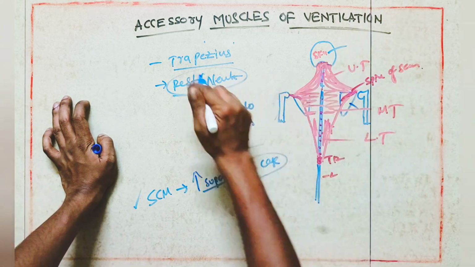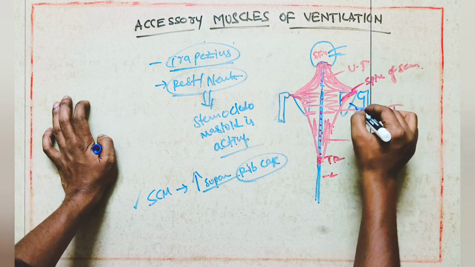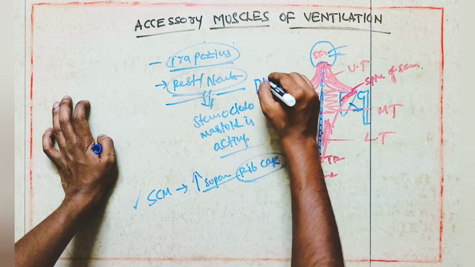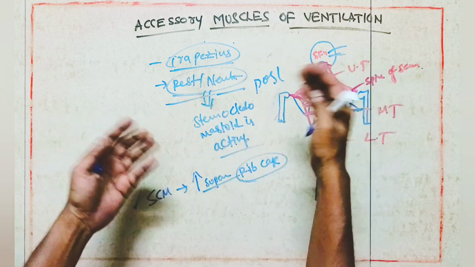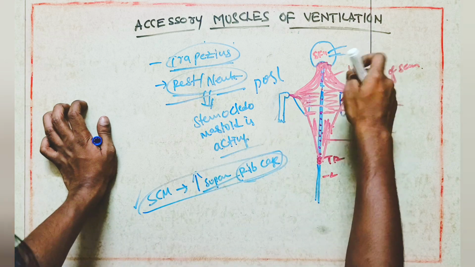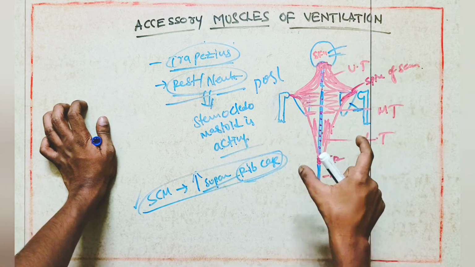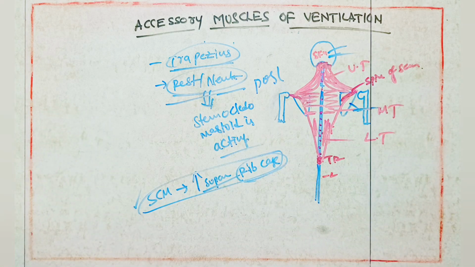At that time, the trapezius muscle is going to stabilize the head and shoulders in the neutral position posteriorly. It's like a helping nature. When the sternocleidomastoid is working anteriorly, the trapezius muscle works posteriorly to stabilize the skull and shoulder joint to do the movement of the rib cage.